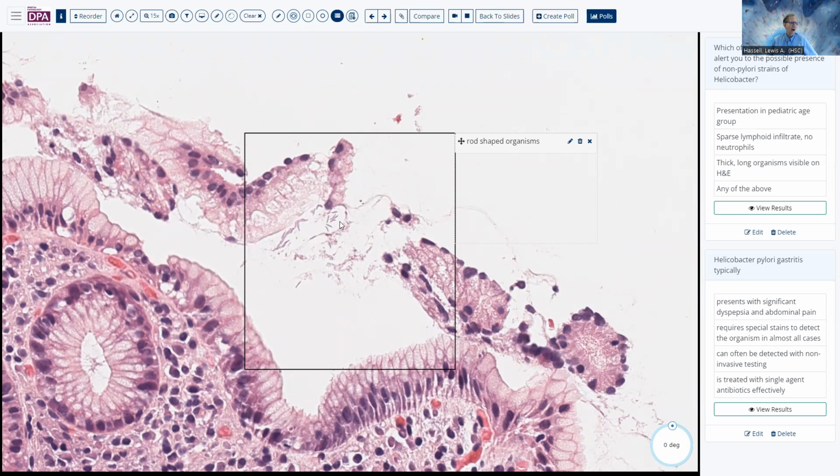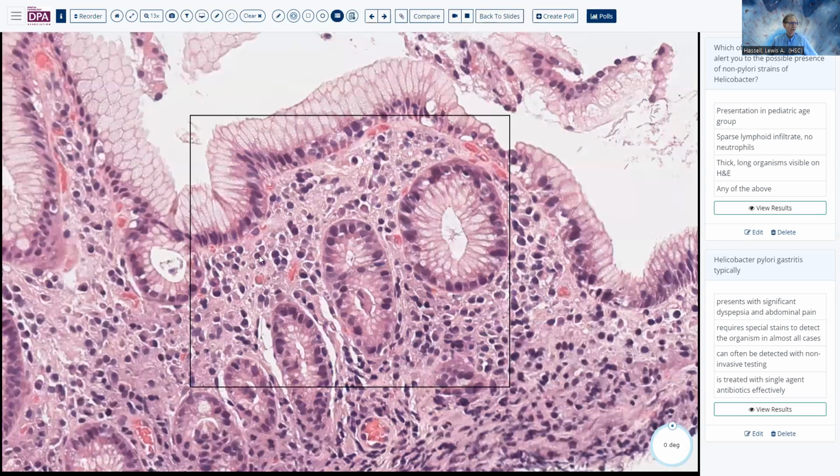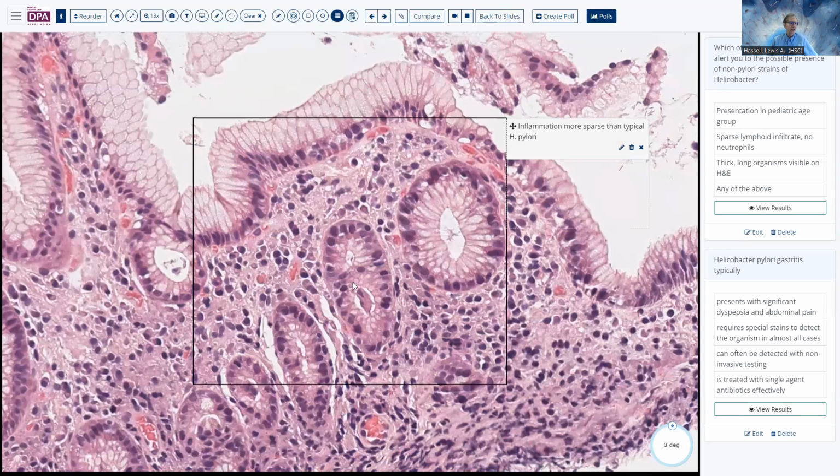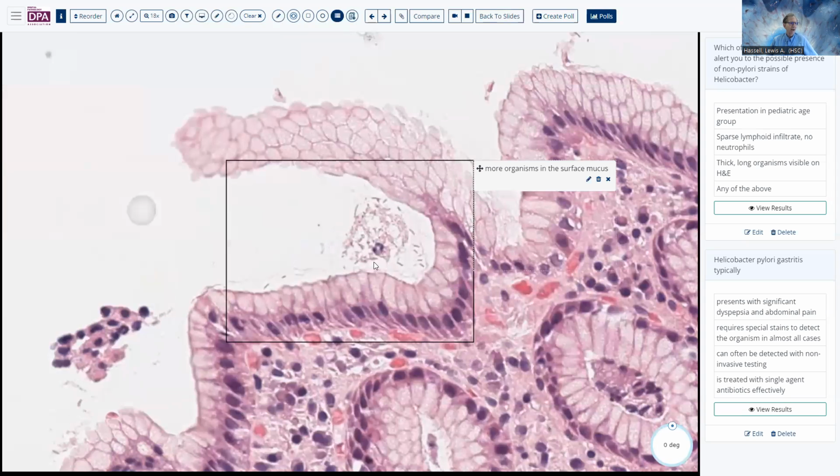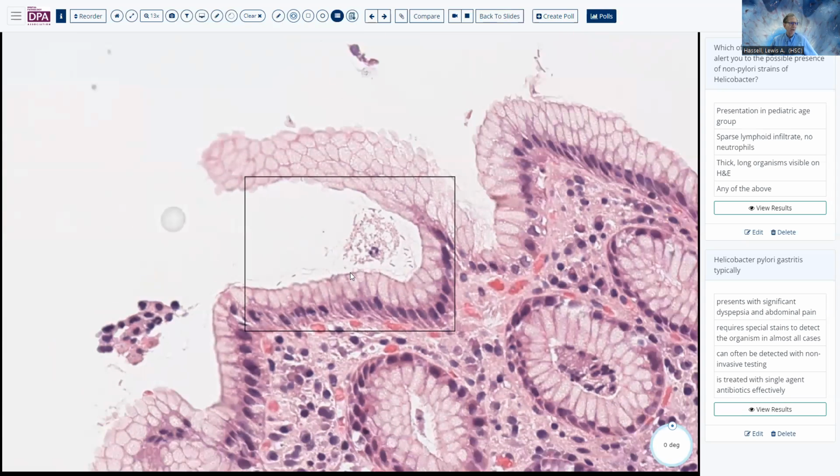Nice, long, rod-shaped organisms, fairly straight rather than the more typical seagull shape that we often see. And here we can see that the inflammatory infiltrate is quite sparse. There's very little, both intraepithelial or otherwise. And then we can see, again, a few scattered organisms.